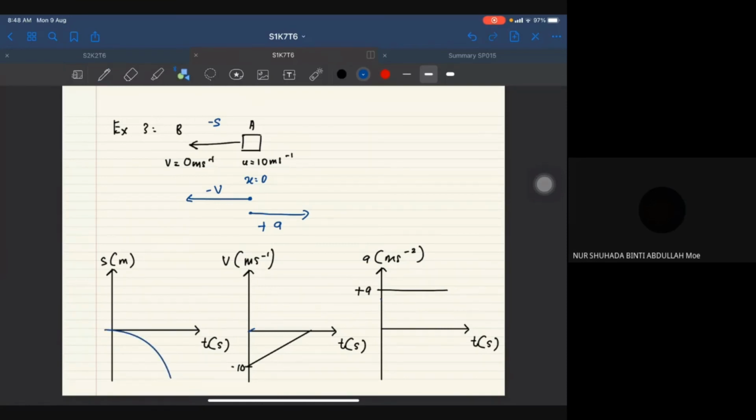Okay, if you draw it like this, that means initially macam saya cakap lah, gradient dia tu melambangkan velocity. Okay, so the gradient tu initially is 0, and then the gradient increase and increase. Okay, kamu tengok gradient ni positif ke negatif? Gradient dia negatif.